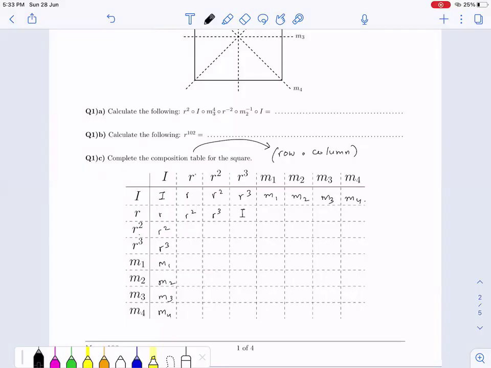So R squared composed with R is R cubed, R squared composed with R squared is a 180-degree rotation followed by 180-degree rotation, so that's again R4, which is trivial. And then R squared composed with R cubed is actually R to the 5, but you can write that as R4 composed with R, which is the identity composed with R, so that's just R again.